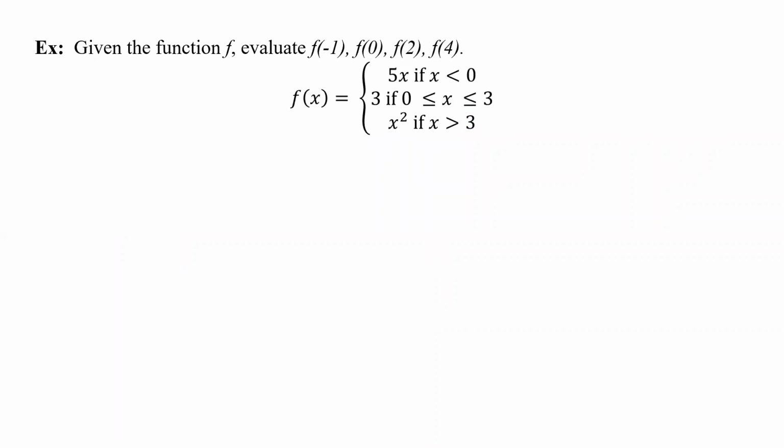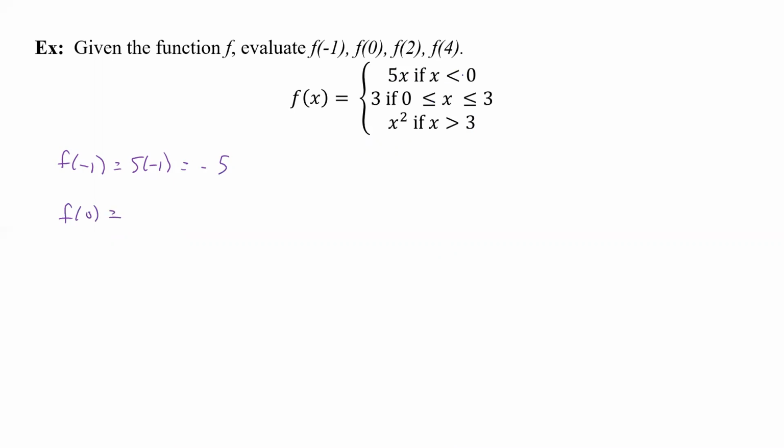All right, so this one we have 3 parts of the piecewise, and so we want f of negative 1. Well, where does negative 1 lie? It lies in this area here, and so we just have to plug in 5 times negative 1, and that's negative 5. What about f of 0?